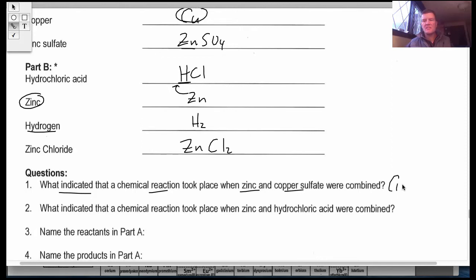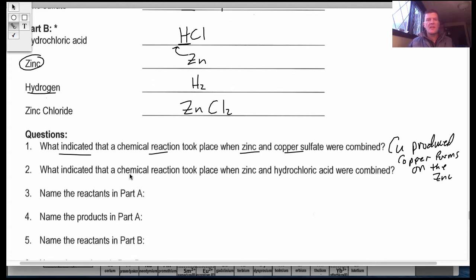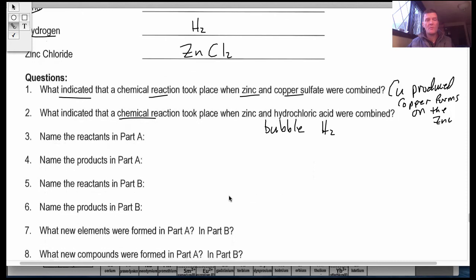You're going to see the copper produced, which is going to be that copper metal. The copper forms on the zinc. It's going to start taking the place of the zinc, okay, as you'll see in a little bit. And here, for part B, you're going to see bubbles, because what is produced here is the hydrogen gas. The hydrogen gases start to form and form the bubbles, okay?